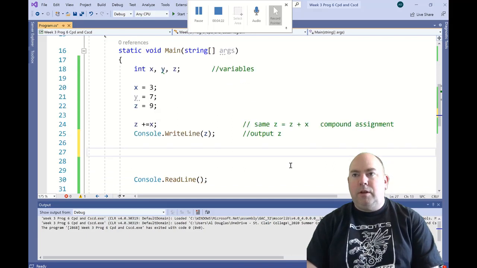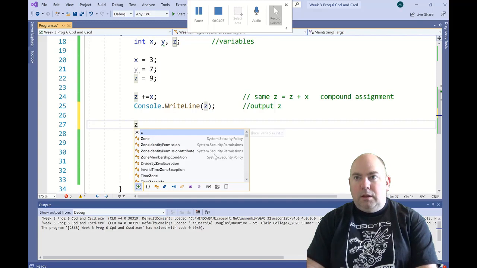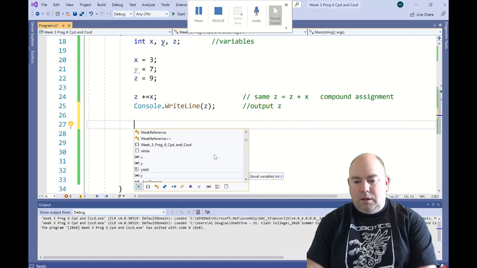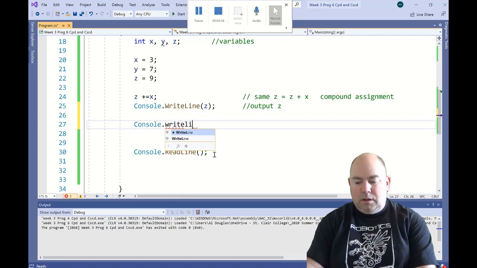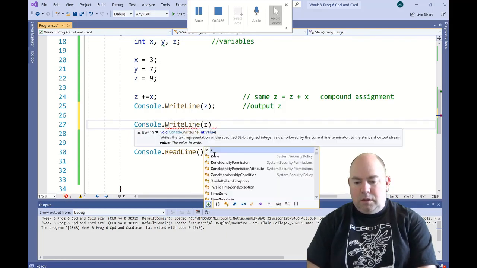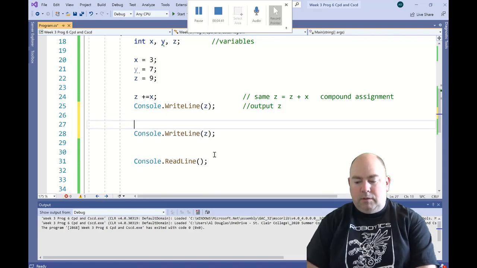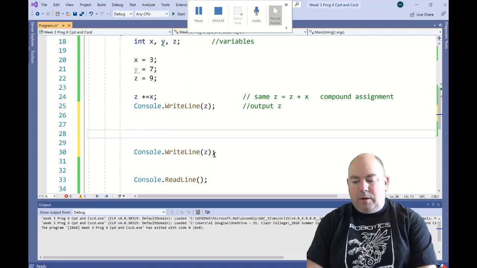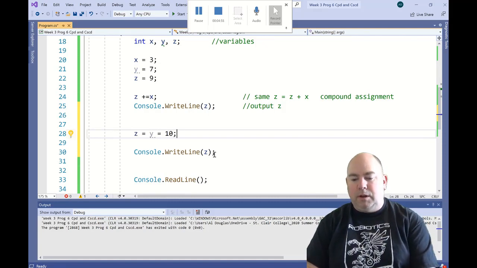So let's look at the other one, which is cascading assignment. Let's say we want to redefine z. We're going to say z is equal to y, which is equal to 10. This is an example of cascading assignment.